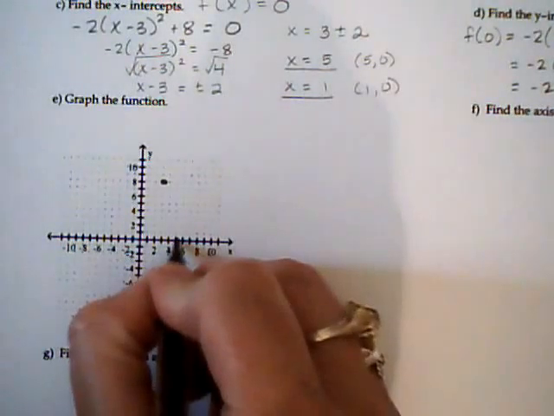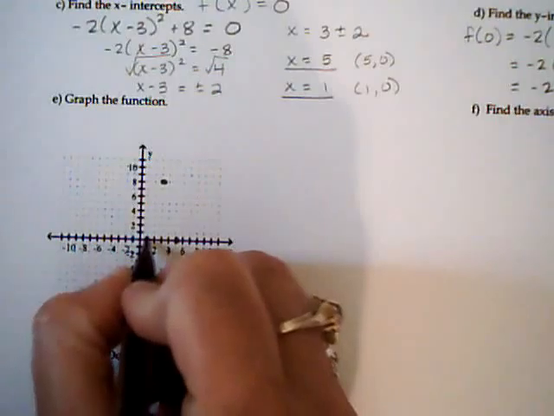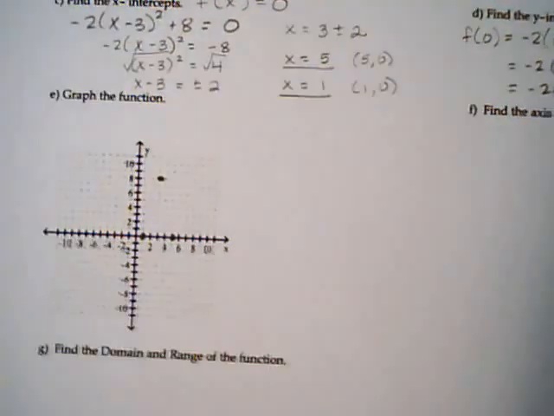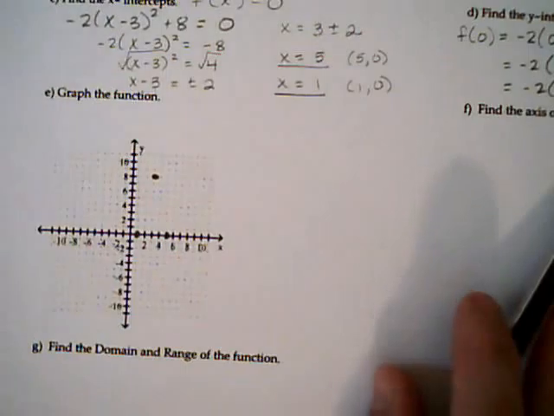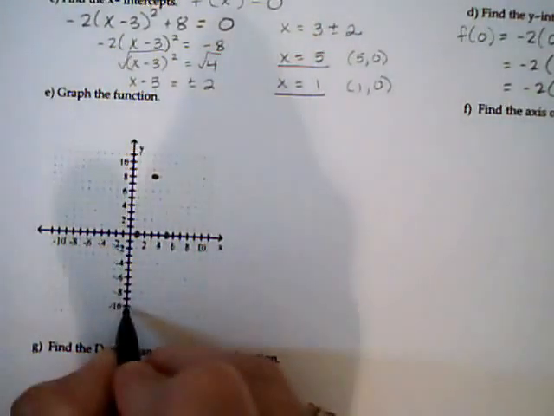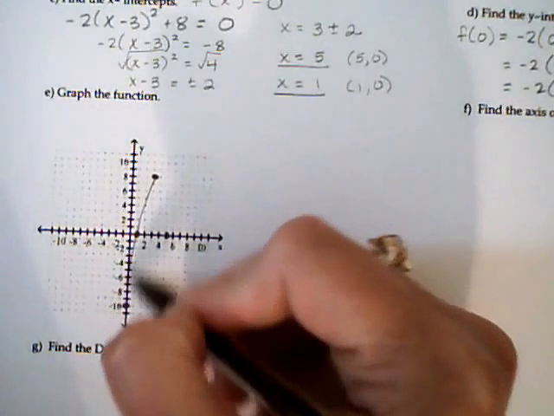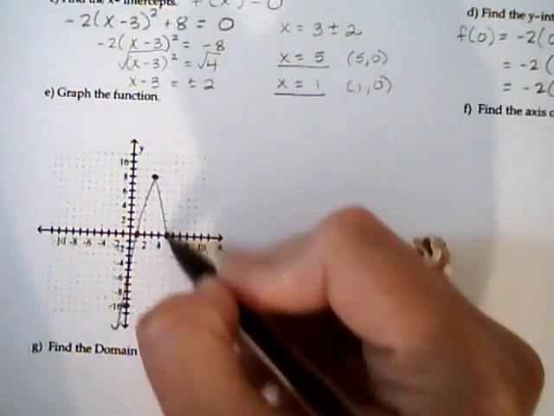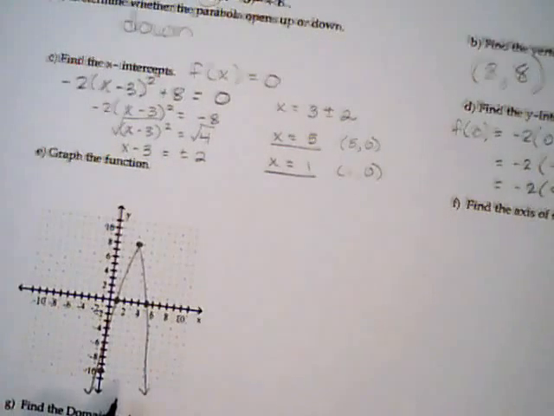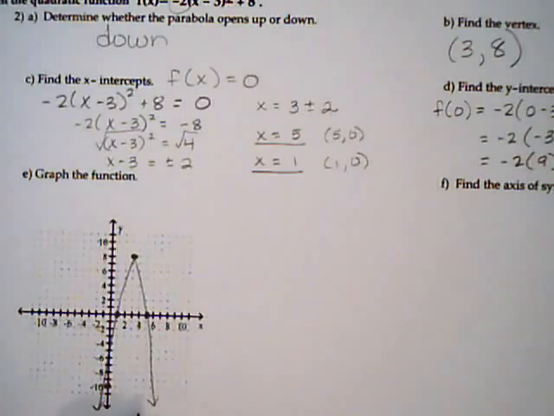So this would be (5, 0), this would be (1, 0). And I know that this graph should cross the y-axis at negative 10. So (0, -10) would be here. So this would be our graph of the parabola. And notice that it does open downward because my leading coefficient was negative.